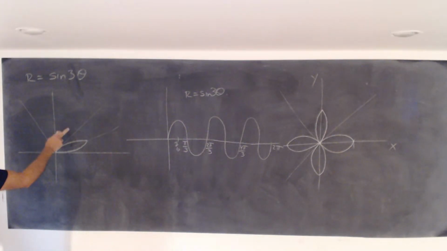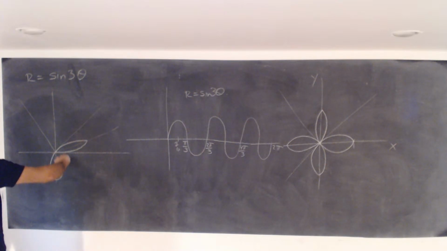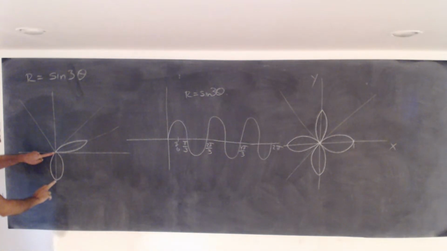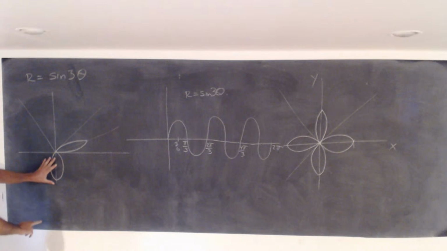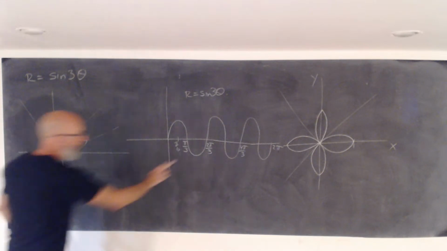So instead of graphing it here, I'm going to graph it over here, and we're going to have this thing right here, right? It's going from 0 to negative 1. So instead of 1 in the positive direction, I'm going 1 in the negative direction, and then back down to 0.